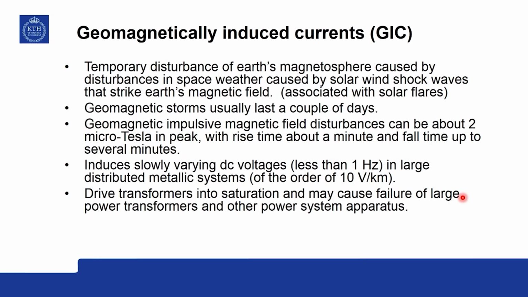These magnetic field disturbances are very small, only 2 microtesla in peak. It is quite small, and can have a rise time of about a minute and a fall time of up to several minutes. So, in terms of waveforms, it is more comparable with the E3 component of the nuclear EMP.